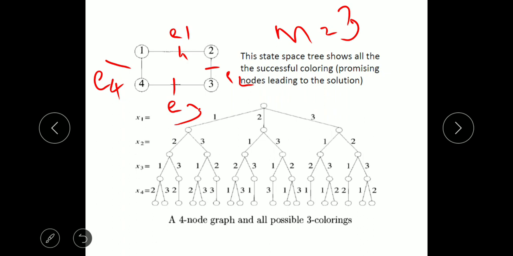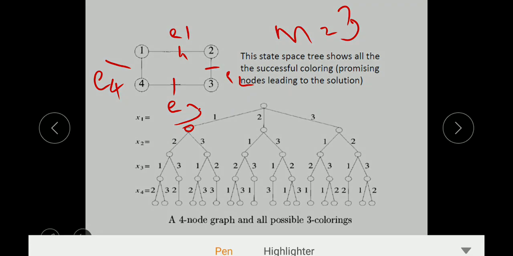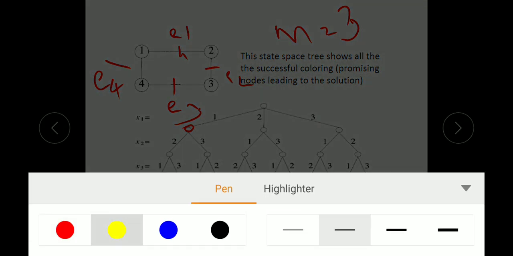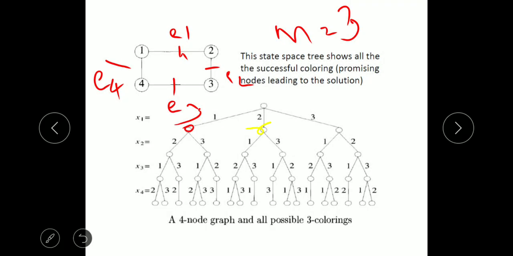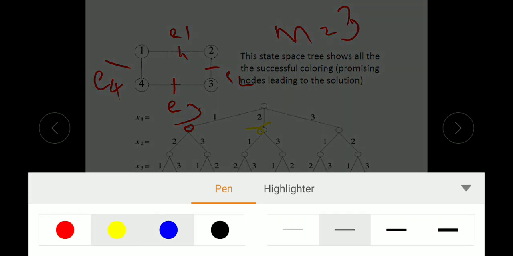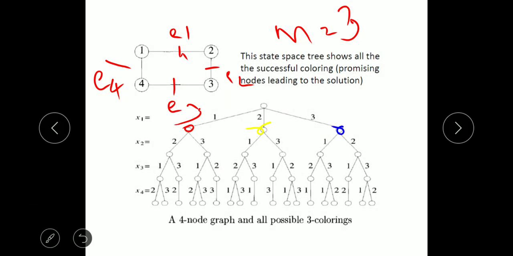First, I can color vertex 1 with color 1, red. Next time I color it with color 2, that is yellow, and next time I can color it with blue. So there are three possibilities of coloring vertex 1.